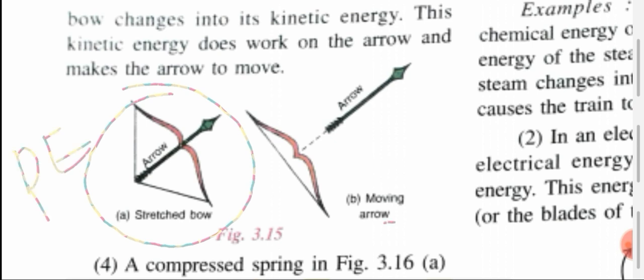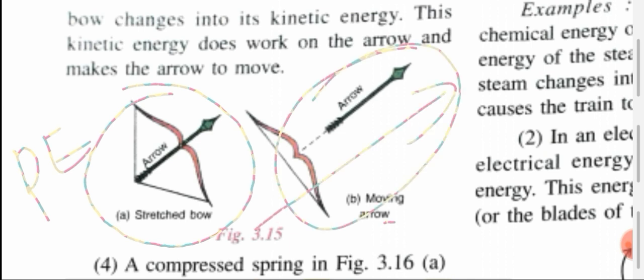When it is released, this potential energy changes to kinetic energy. This kinetic energy does work on the arrow and makes the arrow move.